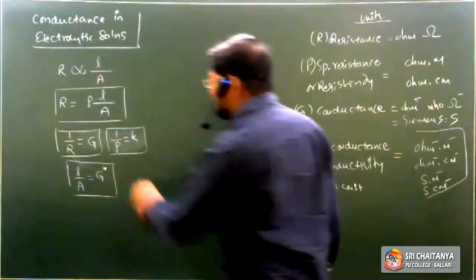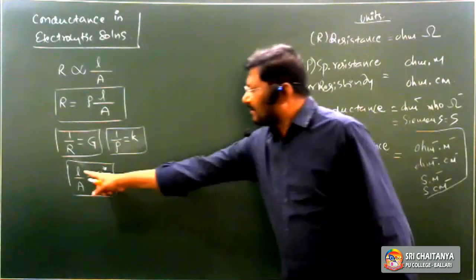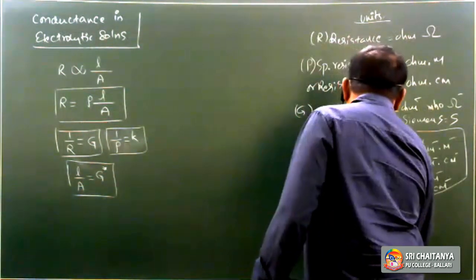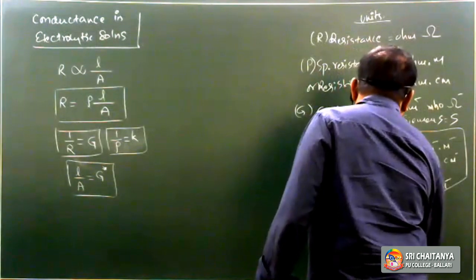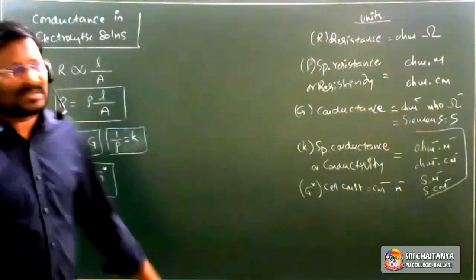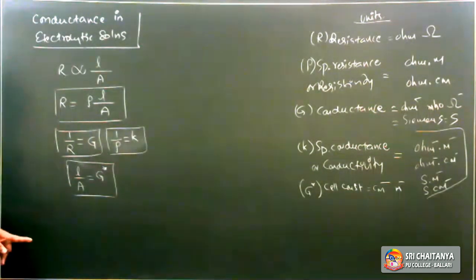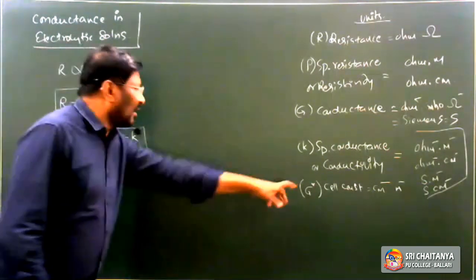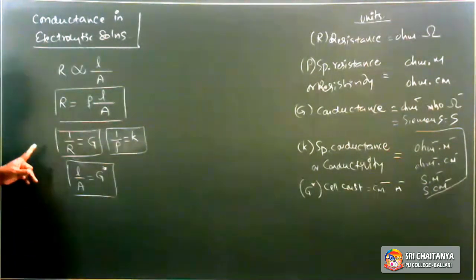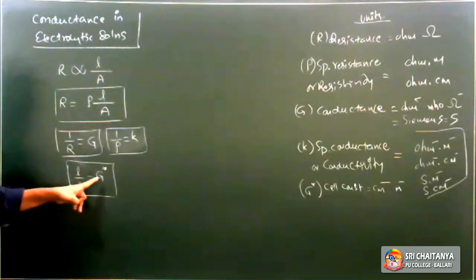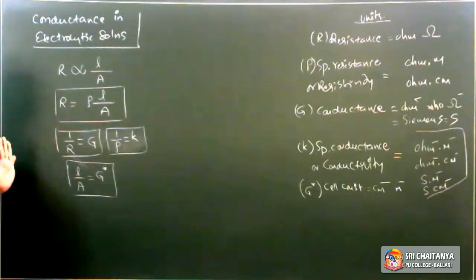What are the units? G star means length by area. So therefore, centimeter inverse, meter inverse. Okay, that is the G star. So this is another formula.